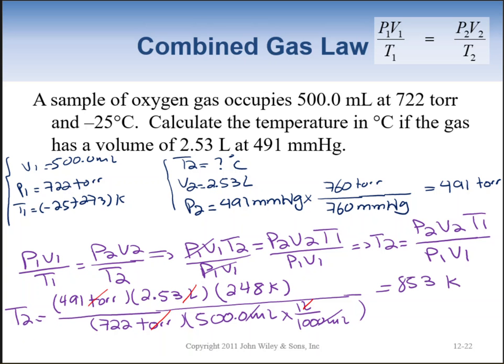Remember that the temperature in Kelvin equals the temperature in Celsius plus 273. Now 853 equals the temperature in Celsius plus 273. Therefore, your temperature in Celsius is 580.